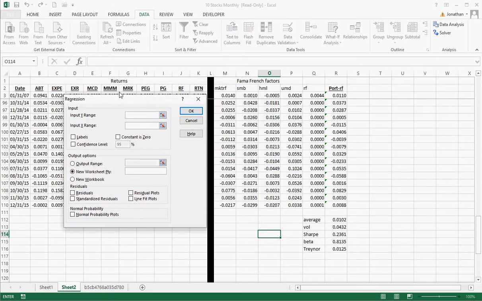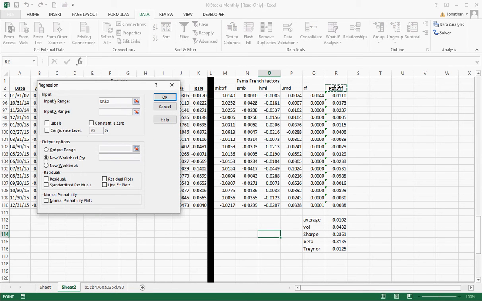I need a Y range, so the Y is going to be, notice I'm including the label, so I'm going to click this label right here, period, control down, and that's all my Y's. The X range is the market; notice this is the market minus the risk-free rate, and the Y is the portfolio minus the risk-free rate.